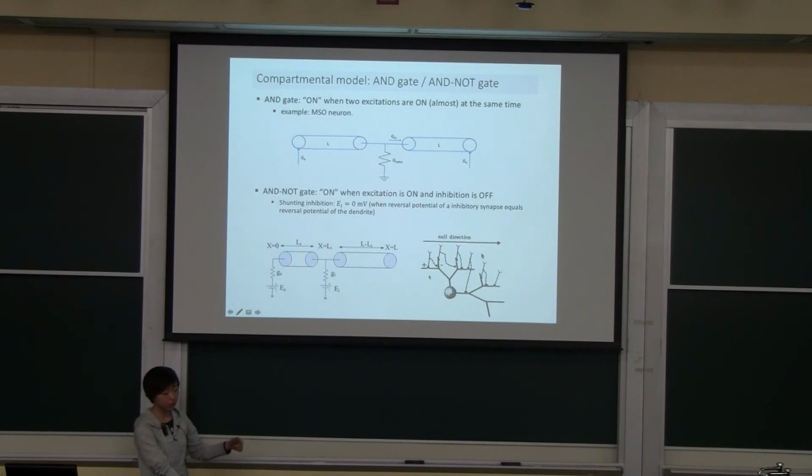At the next time point, if you excite this one, the inhibitory effect is still there, so this one will be shunted by this inhibitory input. So if you excite all those cells from left to right, this cell will not fire. This is called the null direction. For this cell, the preferred direction should be the opposite. If you excite those cells sequentially from right to left, then you can avoid those inhibitory effects imposed by the previous cell.